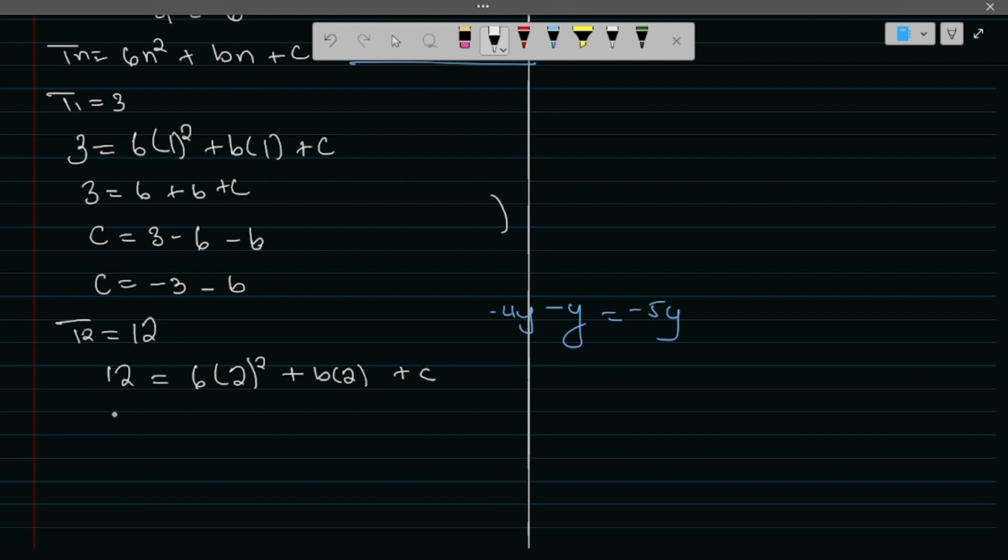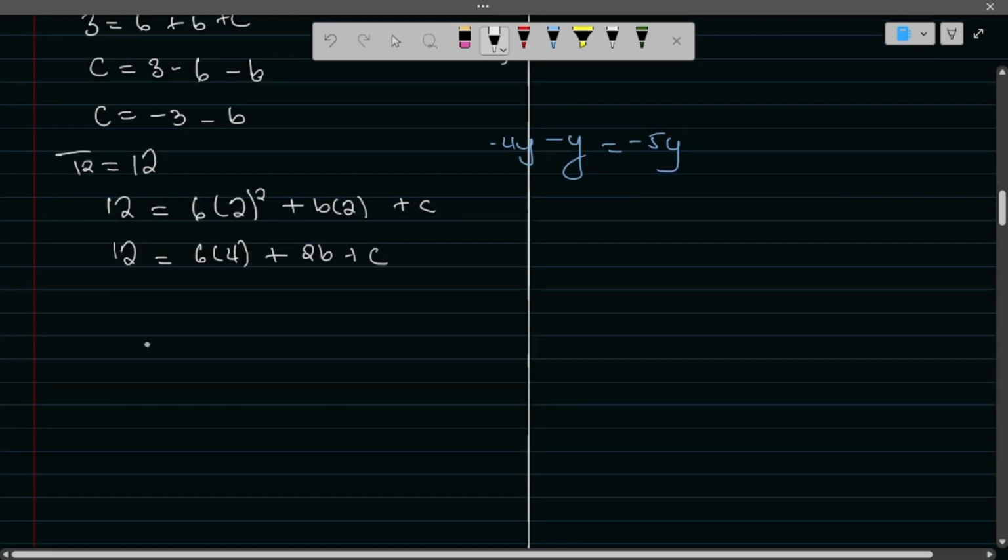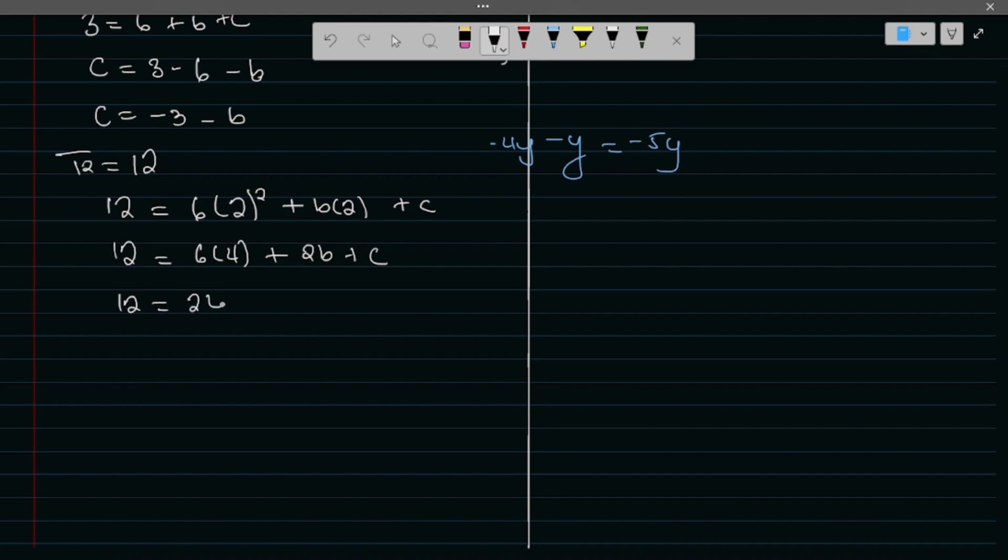So 12 equals 6 times 4 plus 2b plus c. So 6 times 4 is 24, so 12 equals 24 plus 2b plus c, right?